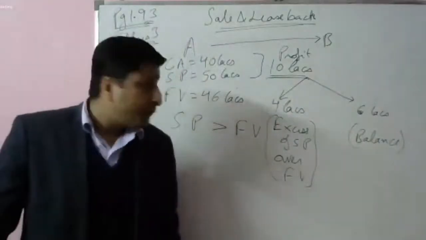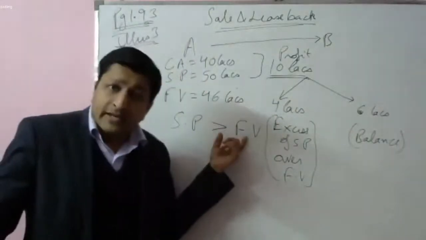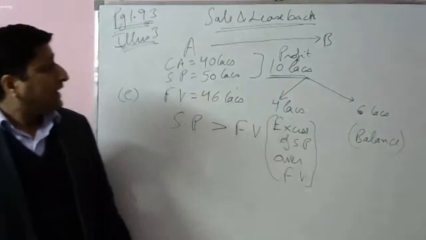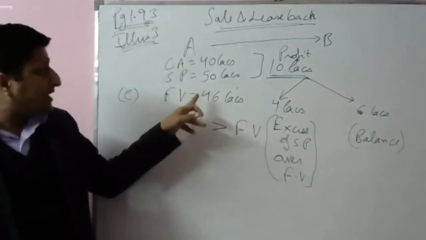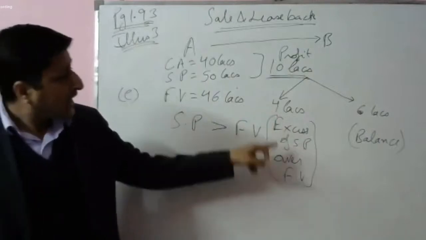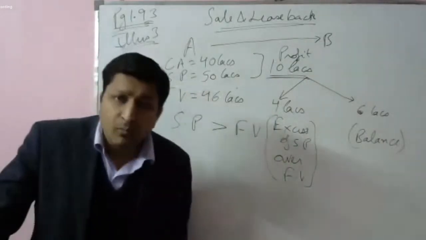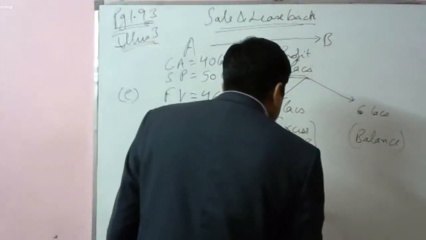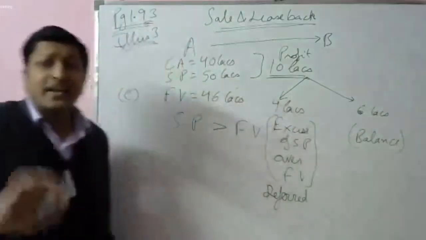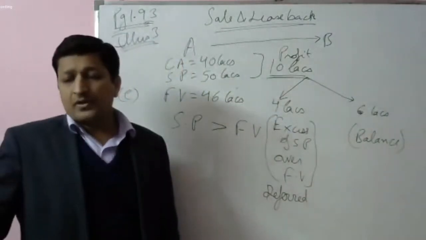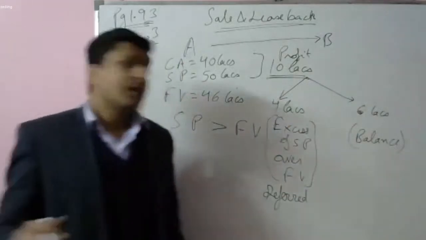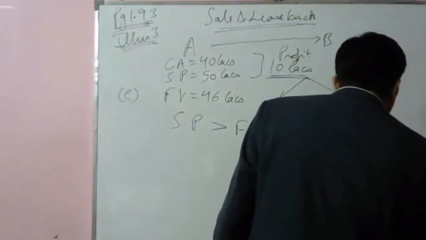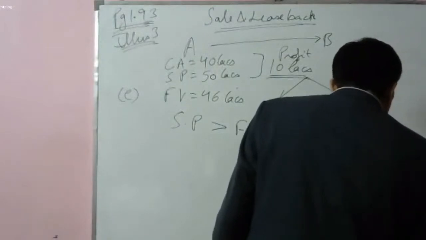Whenever the selling price is greater than fair value and there is a gain, any excess of selling price over fair value has to be deferred and amortized. So this part will be deferred. This will not be recognized immediately. And this 6 lakhs will be recognized in P&L immediately.